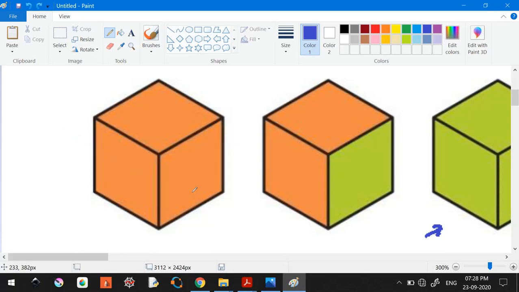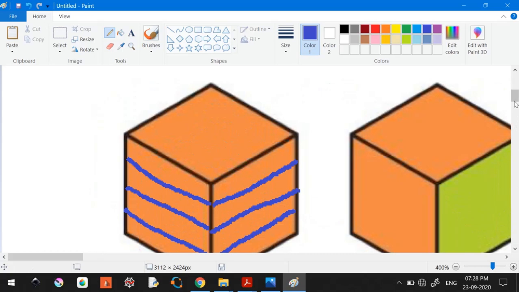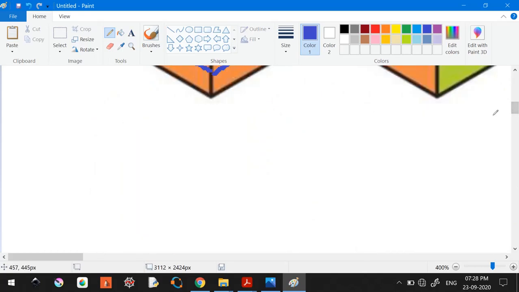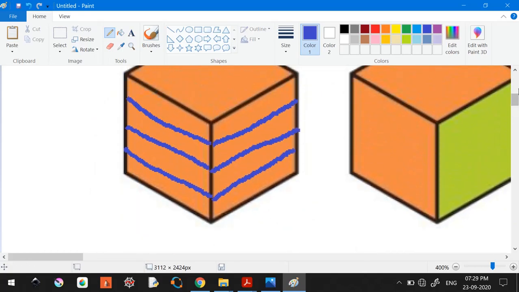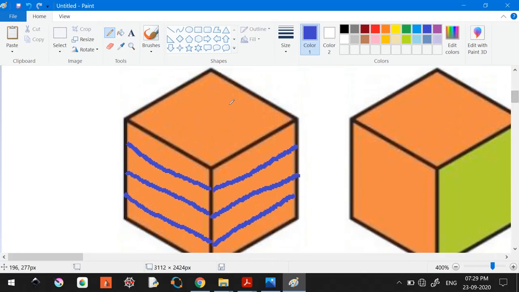So if I cut this into parts, let's say I cut like this, 1 2 3 4, yes, so like this. Let me cut this also.